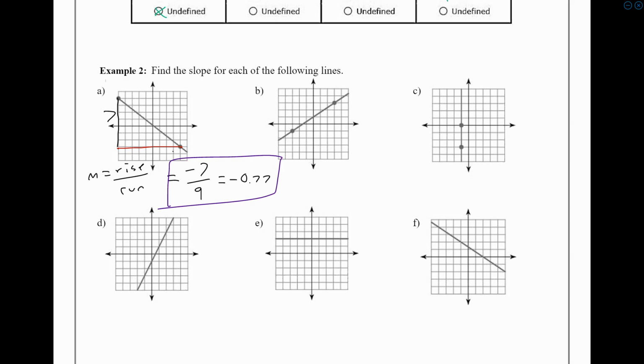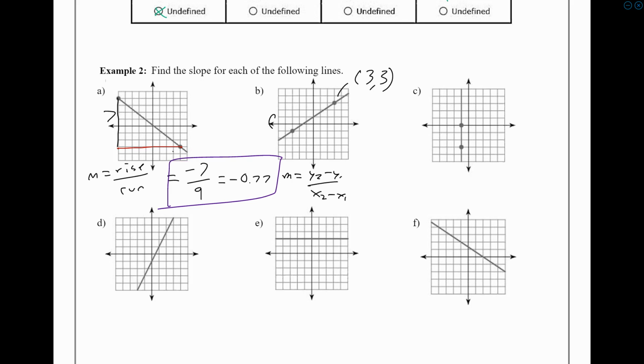This next one, I'm going to do the same thing, except I'm going to use our other formula, our y2 minus y1 thing. So in this case, m equals y2 minus y1 over x2 minus x1. This is going to seem like more work up front, because I have to actually figure out what the points are. But stick with me, you might see why we do this. So this point here is the point 3, 3.